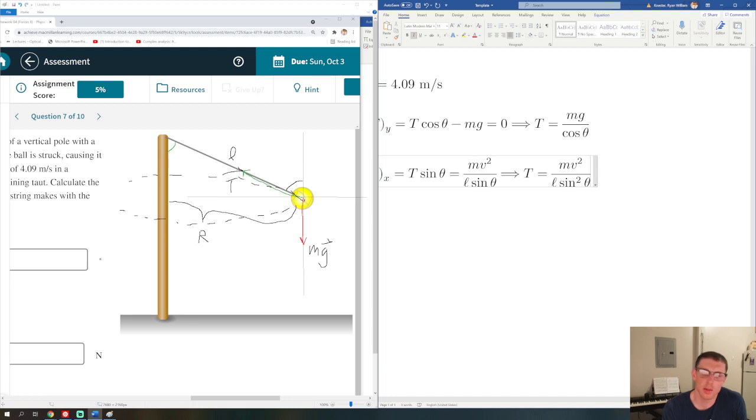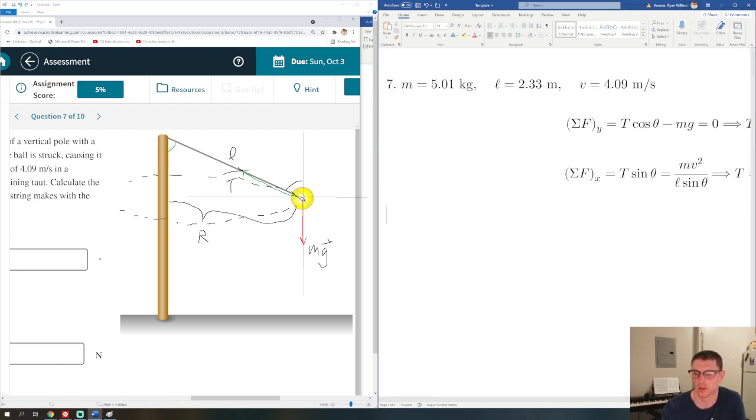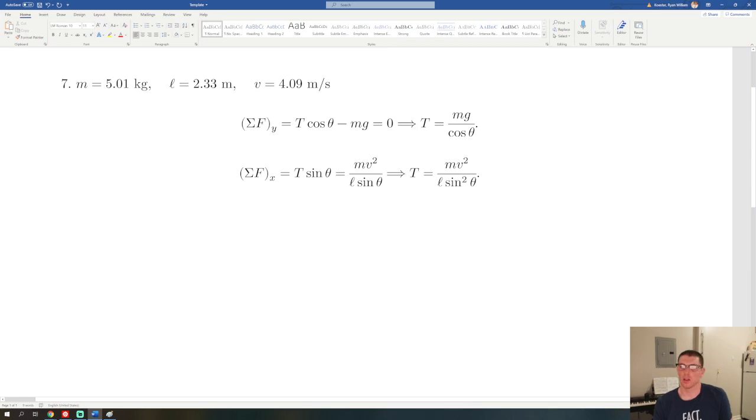So T being equal to T gives me, and I think we don't need the sketch anymore at this point, so I'll just bring this maximized.